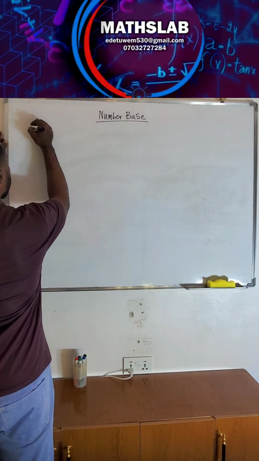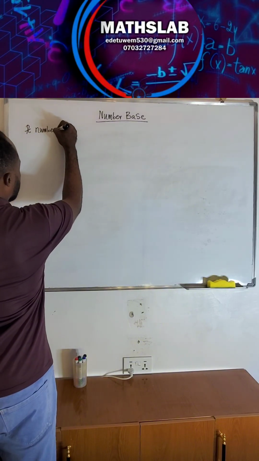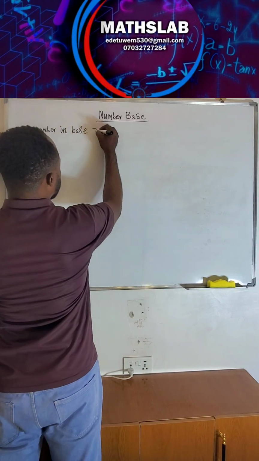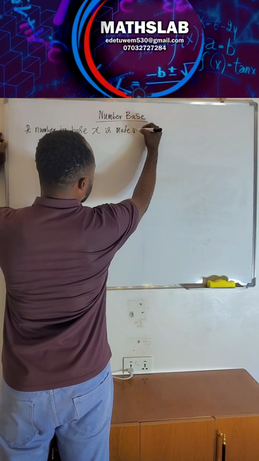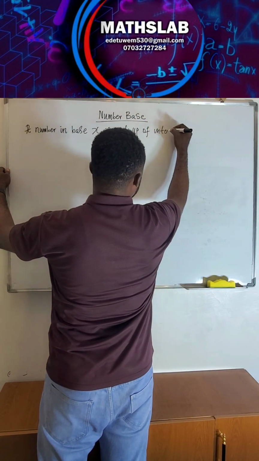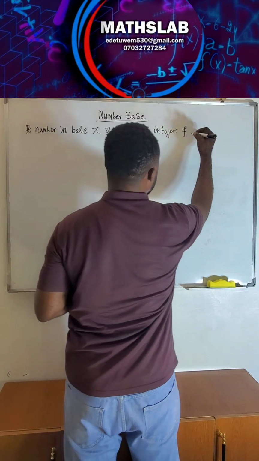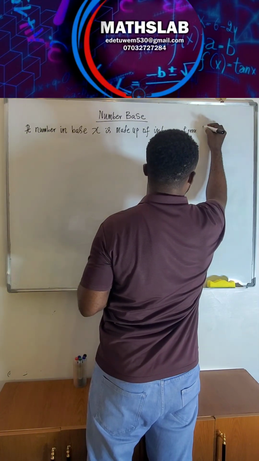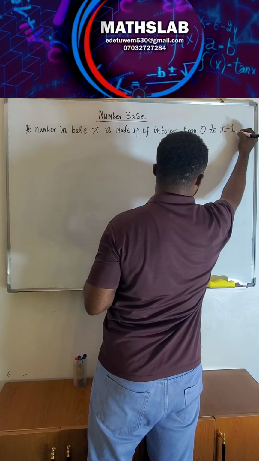We said that a number in base x is made up of integers from 0 to x minus 1.